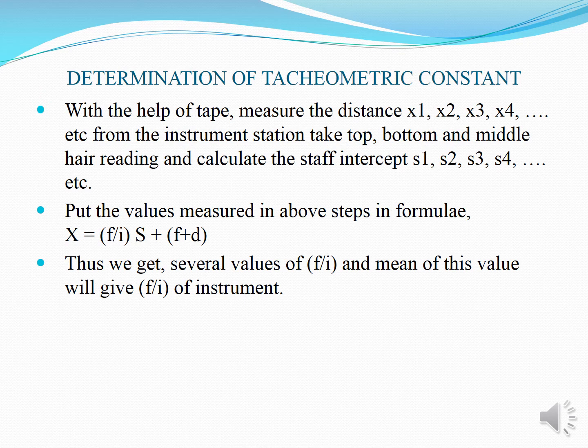After that, put the measured values from the above steps in the formula x is equal to f upon i into s plus f plus d. Here the coefficient f upon i is called the multiplying constant, and the term f plus d is called the additive constant.